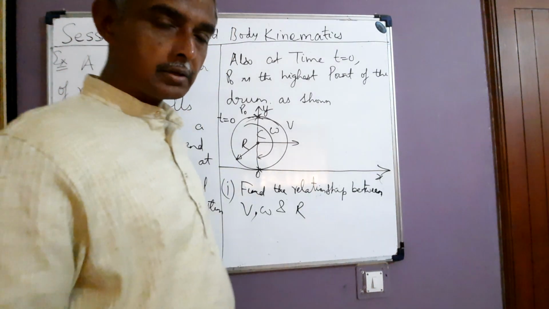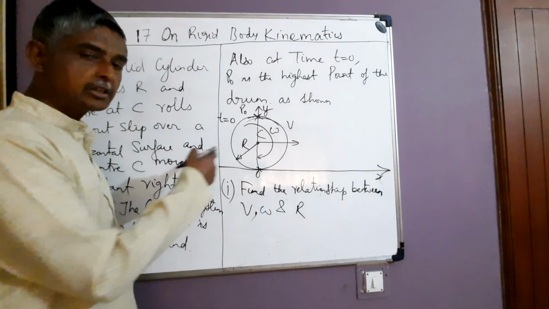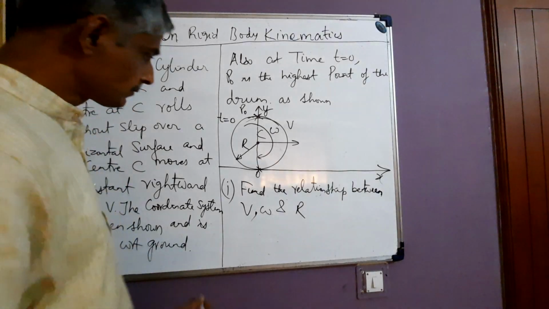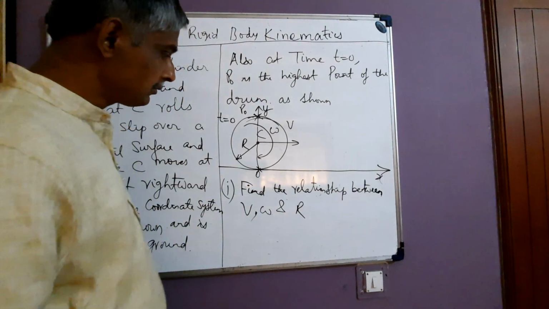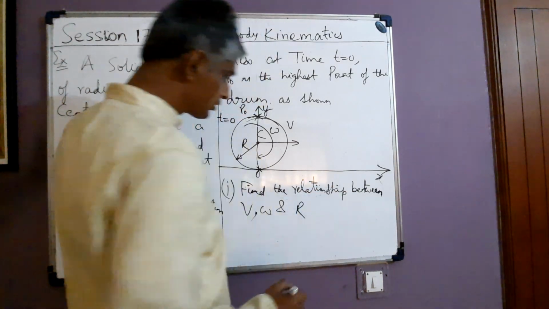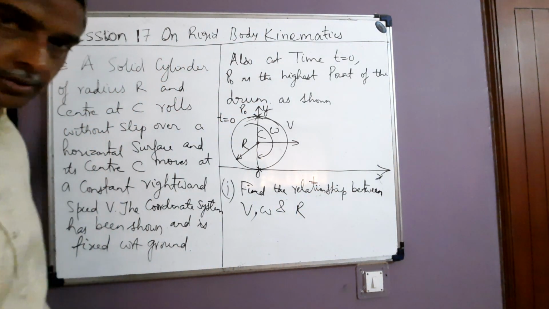This is a fixed surface, the x-axis. The coordinate system is attached to the ground, as I stated just now. So that is the question: find the relationship between v, omega and R.